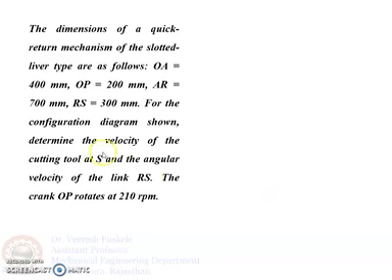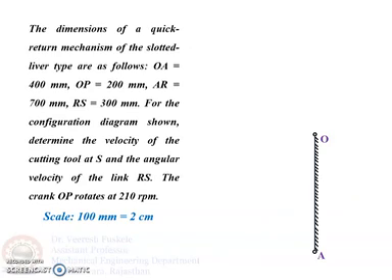So to draw the configuration diagram, we'll take a scale such as 100 mm is represented by 2 cm. So to start with, we'll draw a vertical line OA, which will be representing a fixed link or the frame.